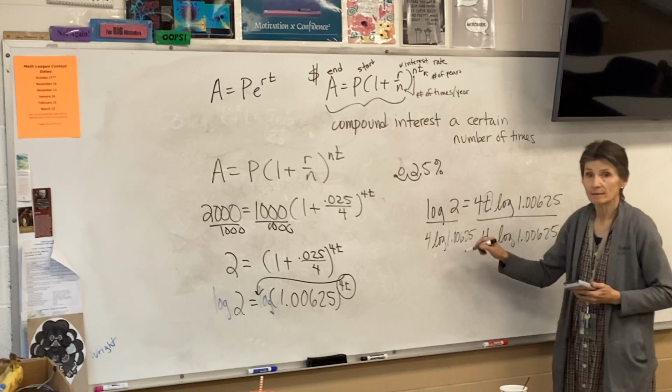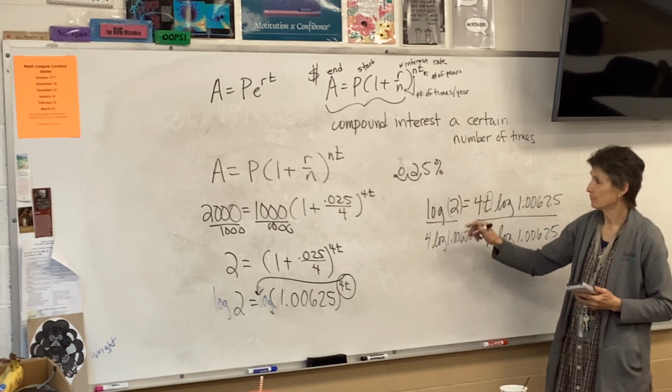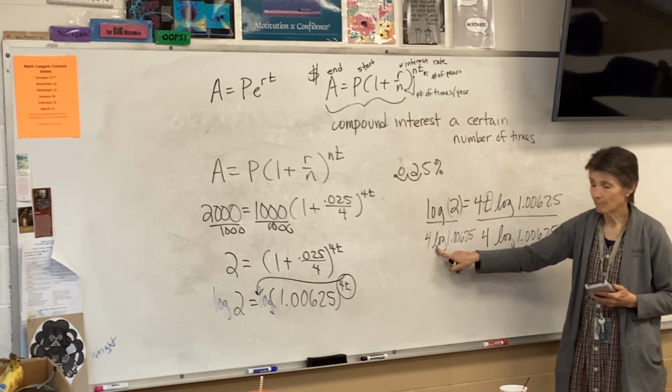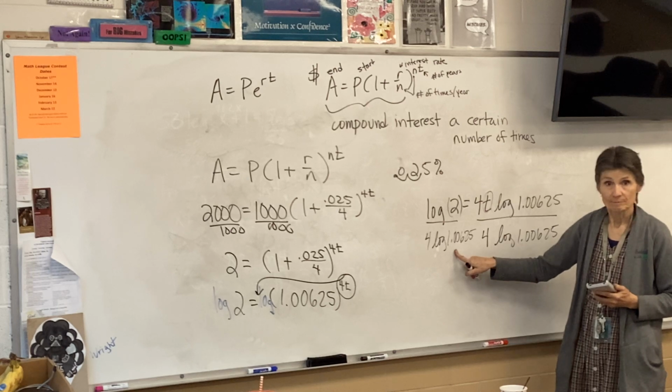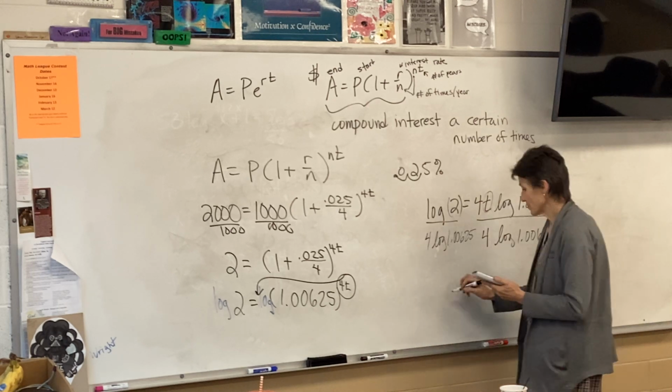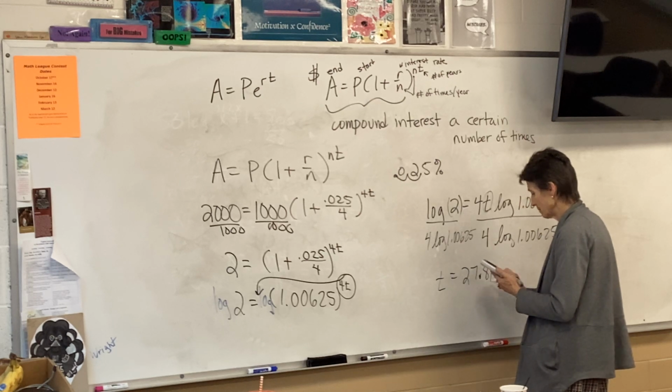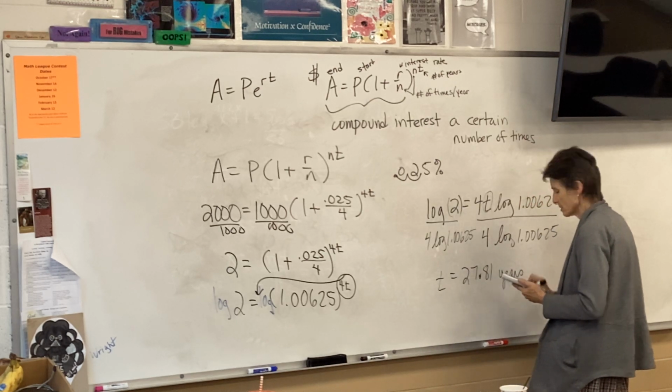So when you type this in, do log 2 divided by 4 equals, divided by log this. And the answer is 27.81 years. I'll round to the nearest hundredth.